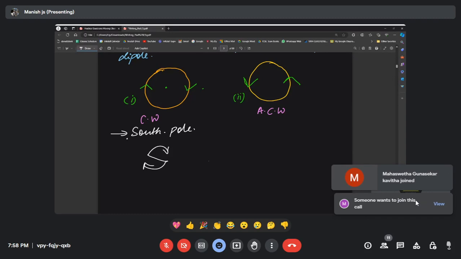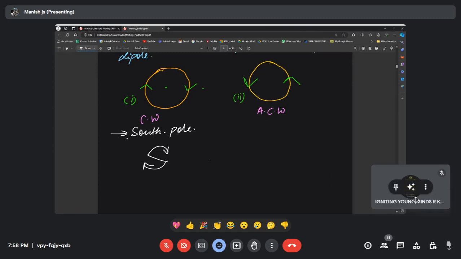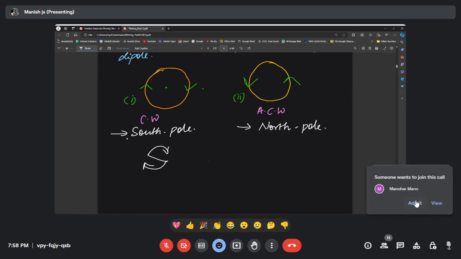The way the letter S is written, you can see the arrow marks, the direction in which they are going to move. That is representing a south polarity. It is just a shortcut trick to remember. Same way, anti-clockwise is going to represent north pole. Again, the way the letter N is written, it is written like this.